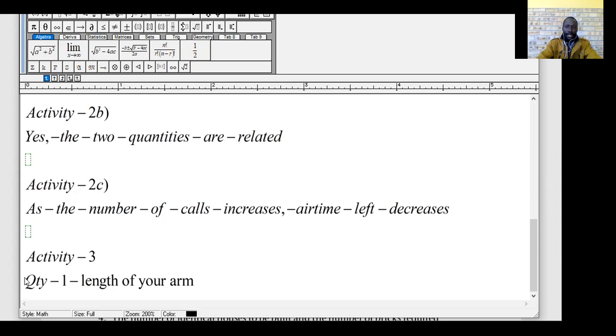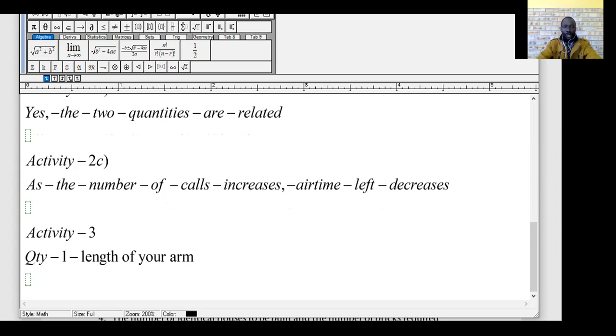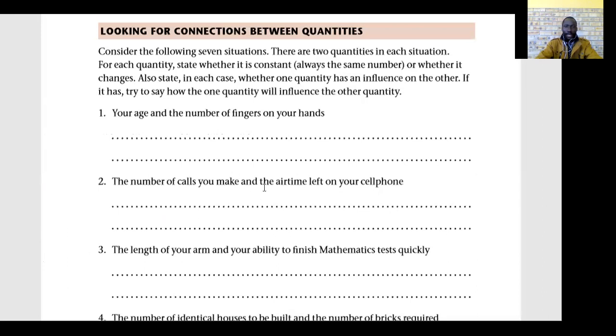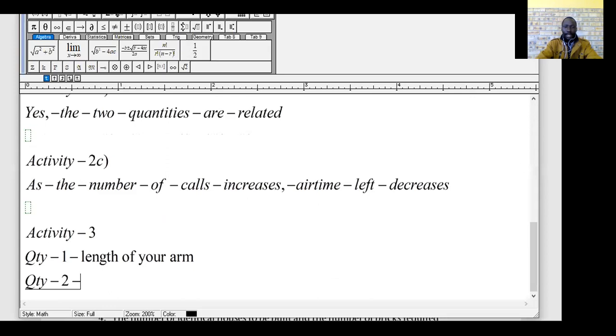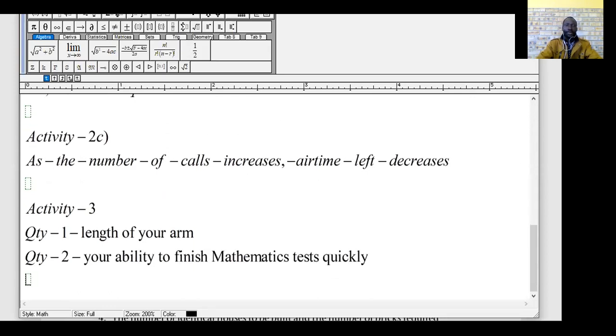Then the second quantity, that is quantity 2, is your ability to finish a mathematics test quickly. That is how fast you're going to do it. Let's put it here as the second quantity.